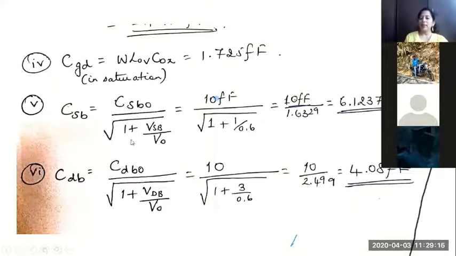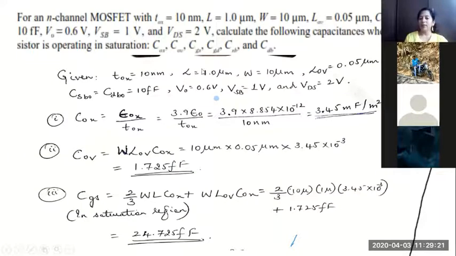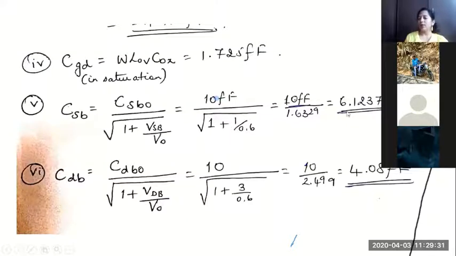That is CSB0 divided by the square root of 1 plus VSB by V0. CSB0 is given as 10 femtofarad, V0 is 0.6 volts, VSB is 1 volt. This is the actual reverse bias. So substituting all that, I'll get CSB as 6.123 femtofarad.